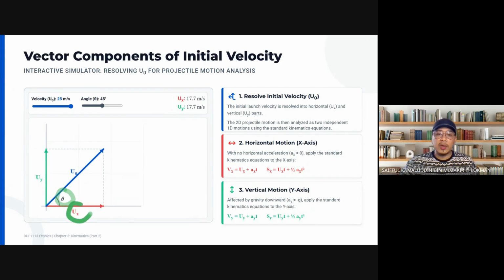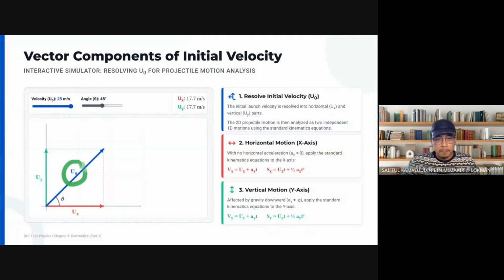So for UX, you have to use the formula of cos. UX equals U cos theta. How about the UI? U sin theta. Simple.